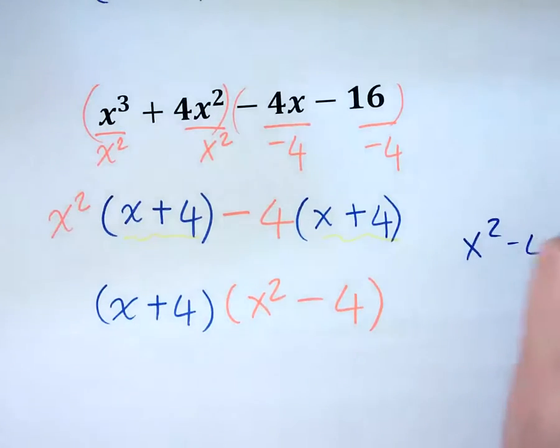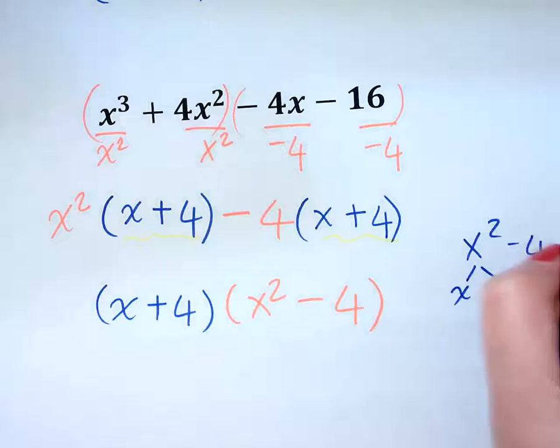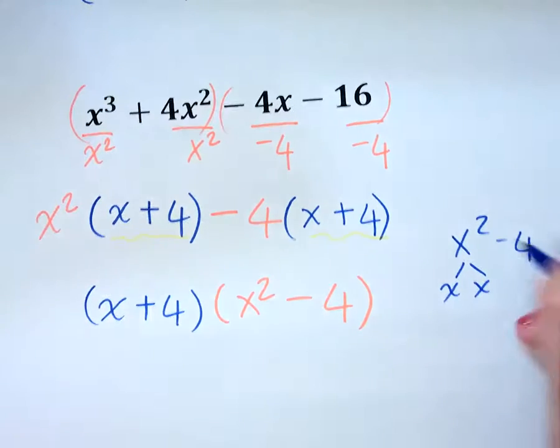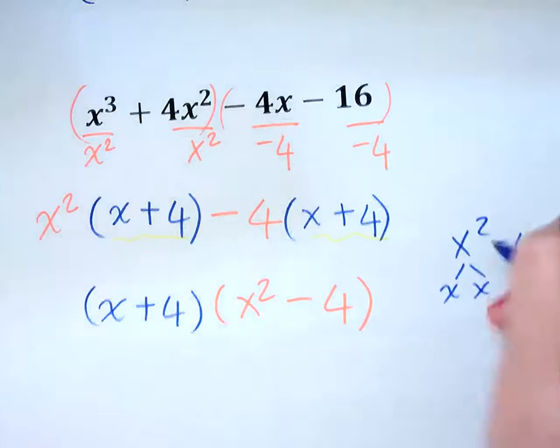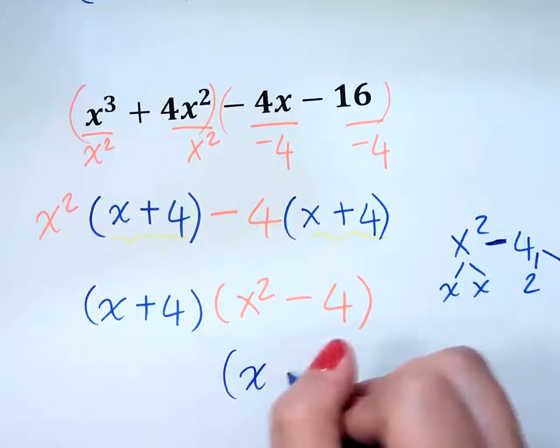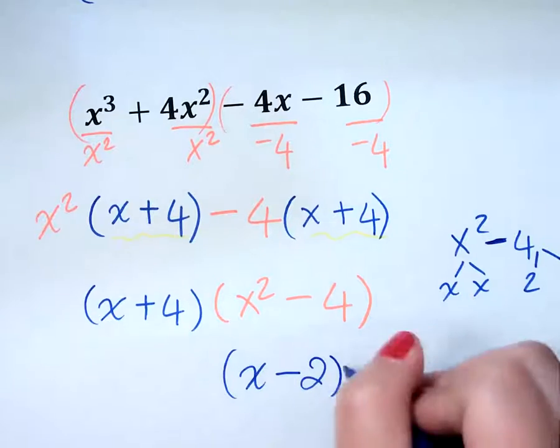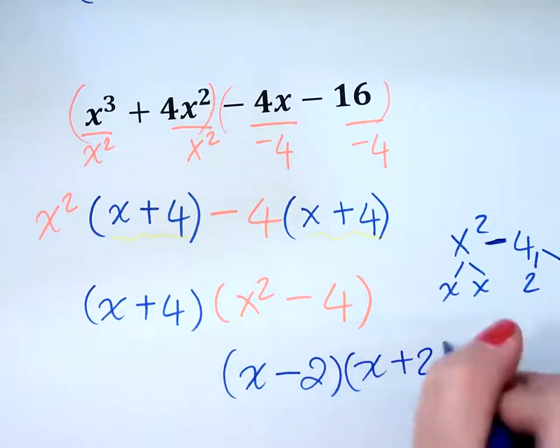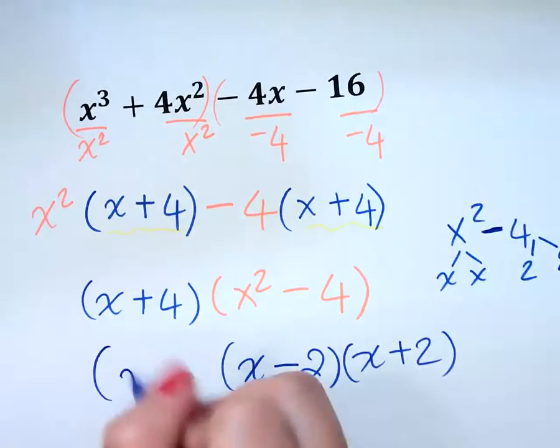X squared minus 4 can be broken up into x times x, and 2 times 2. And that's a negative, so we have 1 positive, 1 negative. Okay, x minus 2, x plus 2. And then originally we already have x plus 4.